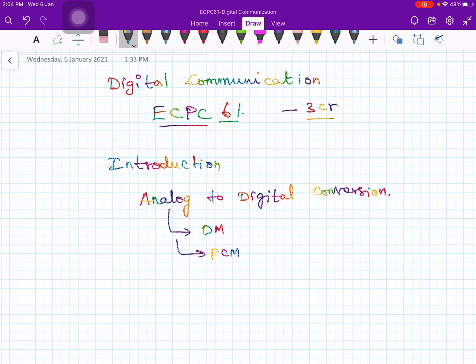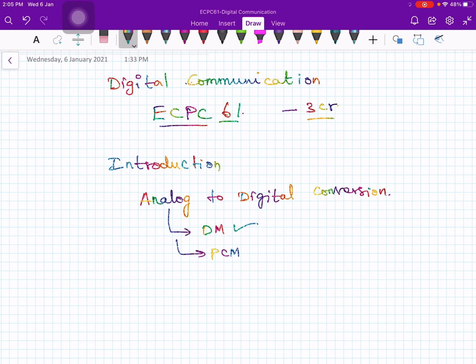So the A to D conversion techniques, but you don't know these A to D conversion techniques in the context of communication. So we will do the A to D conversion techniques, and that will include delta modulation and pulse code modulation, where PCM stands for pulse code modulation and DM stands for delta modulation.